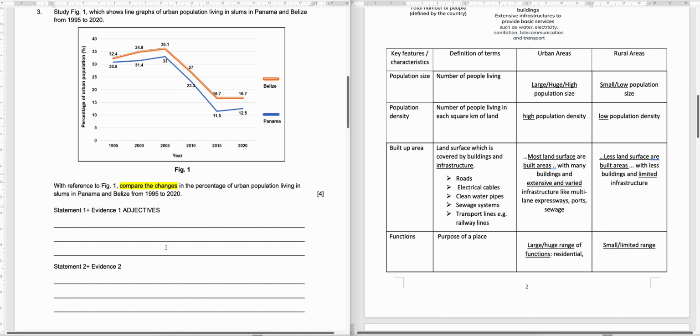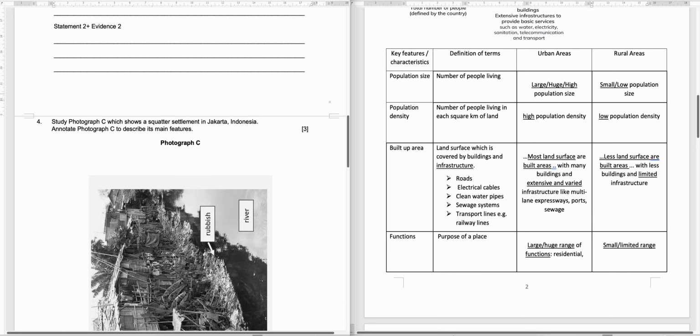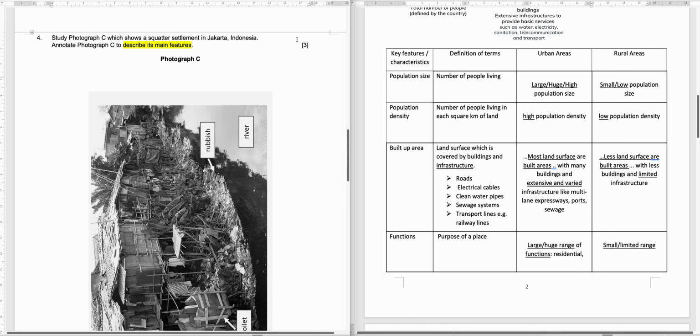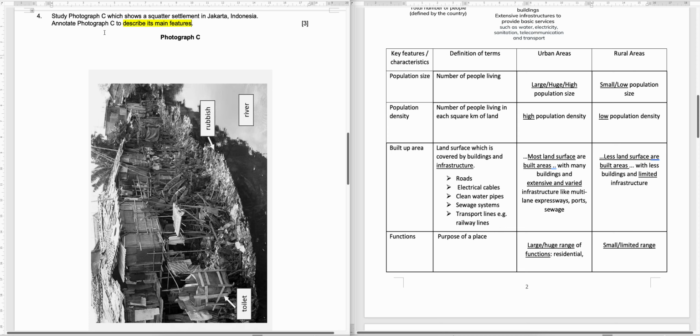Now, second last question. Question 4, annotate to describe the main features. This one we have done a lot in class. 3 marks means 3 annotations. Remember your annotation is based on the question, you must describe the main feature. You cannot just point and write a few things. You must describe from the photo what it suggests or what it probably tells you.